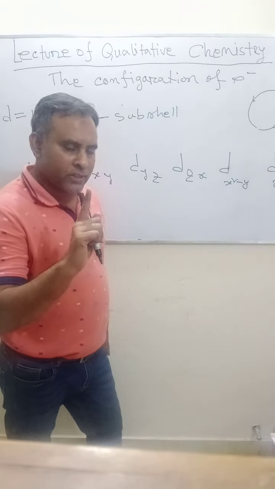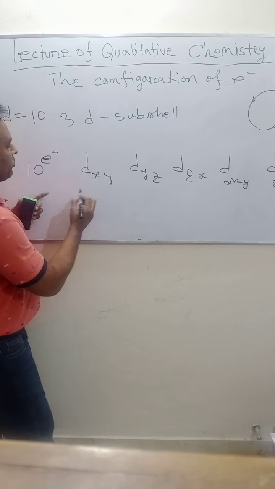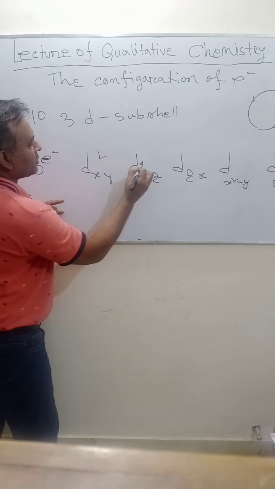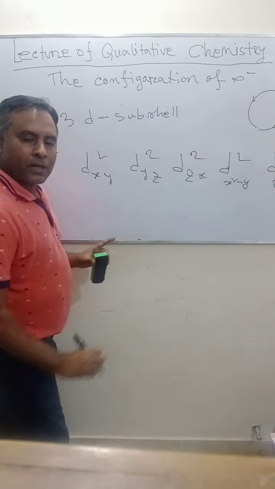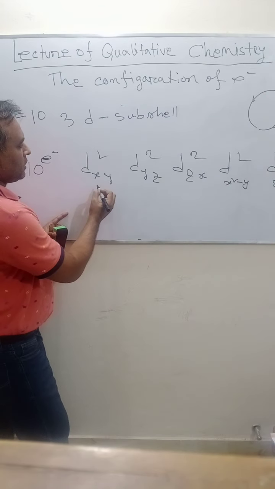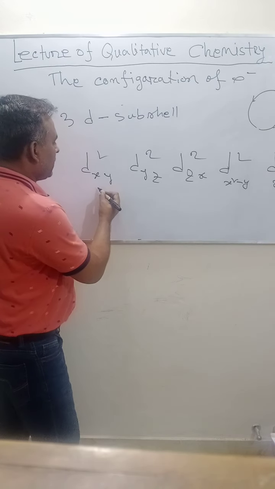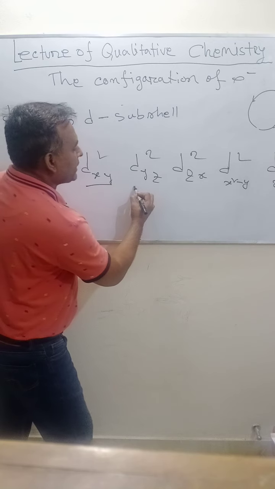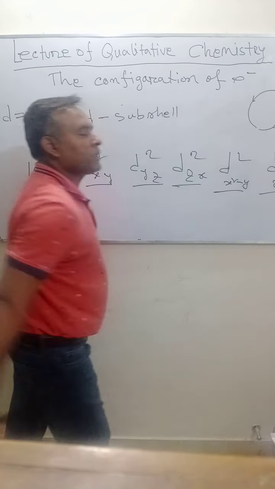According to Hund's rule, this is a must. So 10 electrons: there should be 2 electrons, 2, 2, 2, 2. Clear? I have already told that these energy levels are the same.